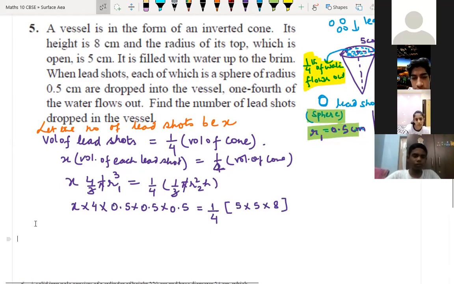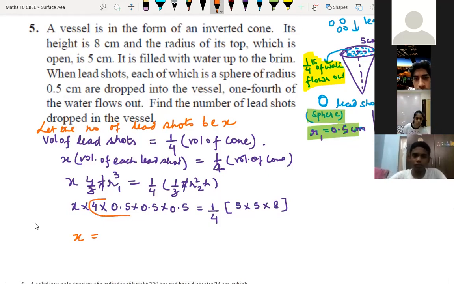Yes, sir. So if you're finding X over here, don't multiply anything. All this part that you are seeing here, you send everything down, okay? That will become easier to calculate.